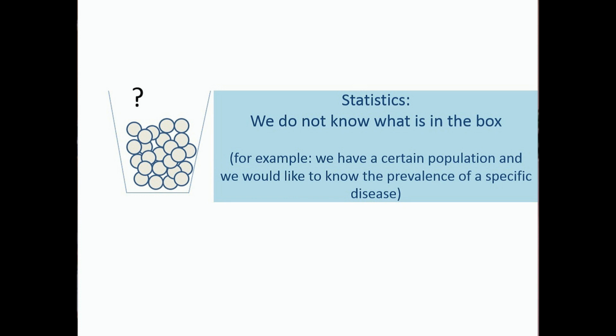In statistics, it's in fact the other way around. We do not know the content of the box. For example, we have a certain population and we would like to know the prevalence of a specific disease. We take out randomly a sample of the balls. From the sample we can see 3 out of 10 are red.